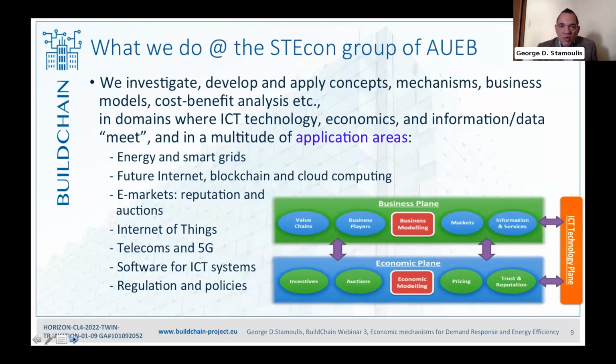So we, as Noemi already said, are engineers, informatics and computer scientists, but at the same time we employ these basic economic concepts and business modeling in smart energy grids, of course, future internet and blockchain, electronic markets, telecoms 5G, and in other areas as well.